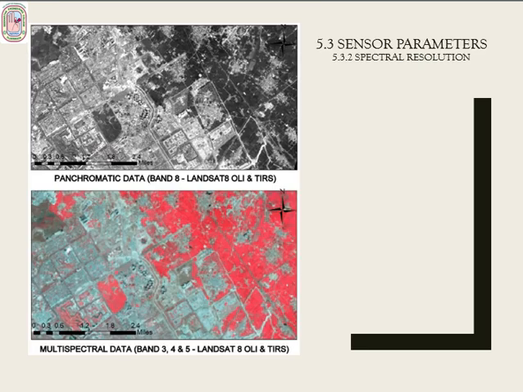Here, this is the data taken from the NRSC website. First one shows the panchromatic data, which is band 8 of Landsat 8 data. Another one is the multispectral data, which has bands 3, 4, 5, also Landsat 8 data. I'm sorry, this data is taken from the Landsat website.